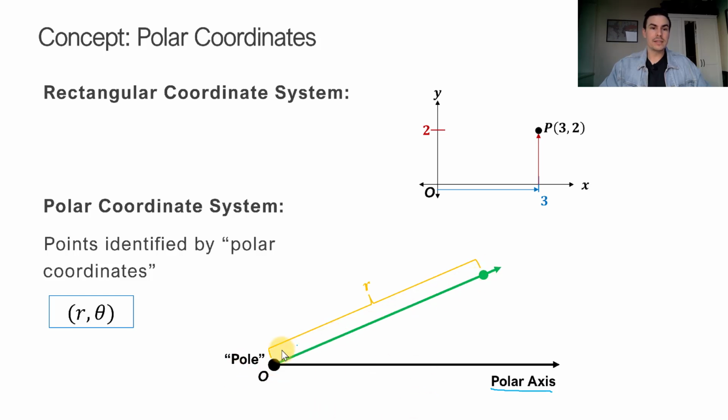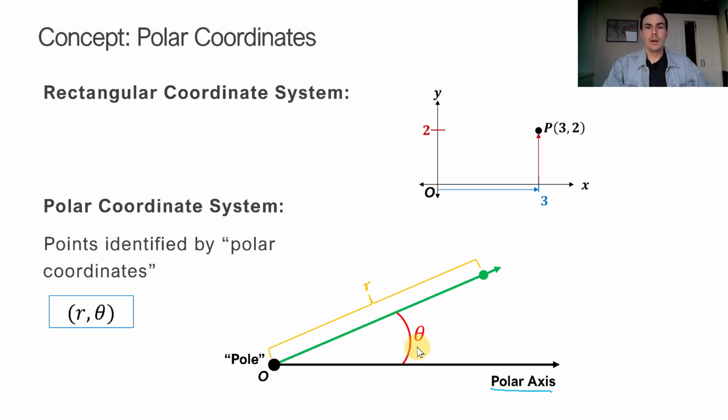The direct distance from the pole is what r is, to that point. Say this point right here is our little sample point. And then theta is going to be the angle from our polar axis. So distance from the pole and then angle from the polar axis. That is what we're working with, r and theta. We have to shift our mindset from x and y. Now we're thinking r and theta, which is like distance and then rotation.